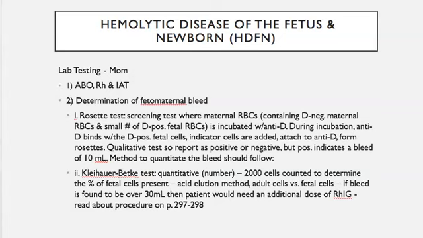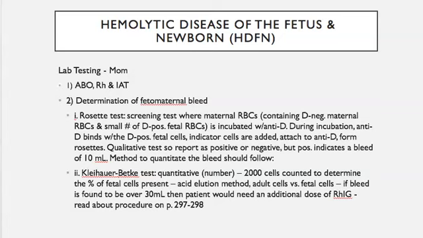So you've got this mom's sample incubated with anti-D. During incubation, the anti-D reagent is going to bind with the D positive fetal cells. Then we have to add indicator cells, which are just another reagent. They're going to attach to the anti-D and form rosettes.